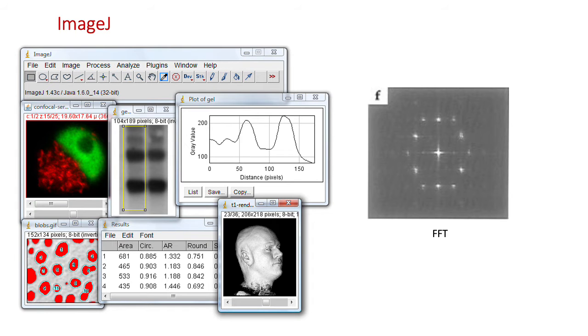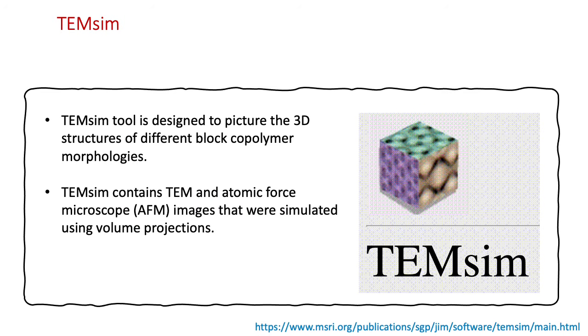There are many methods that I'm going to use to achieve this goal, and ImageJ is one of these methods that I'm going to use to analyze the structure by finding the fast Fourier transform of the projection. I'll also be using the TIMSIM tool, which is designed to picture the 3D structures of different block polymer morphologies.